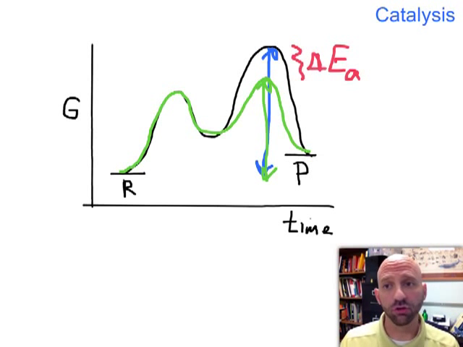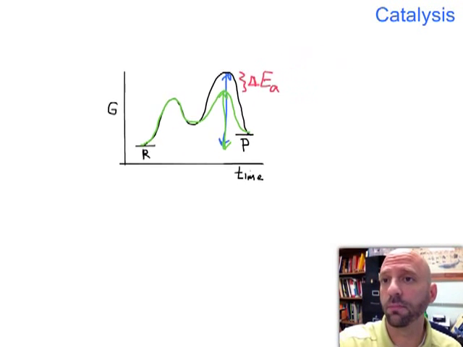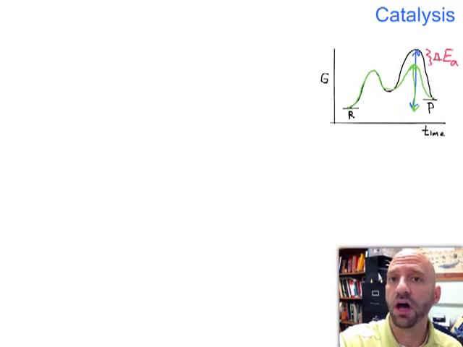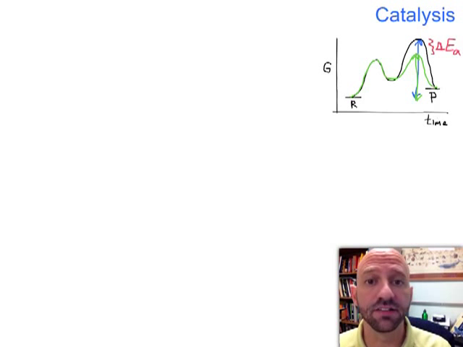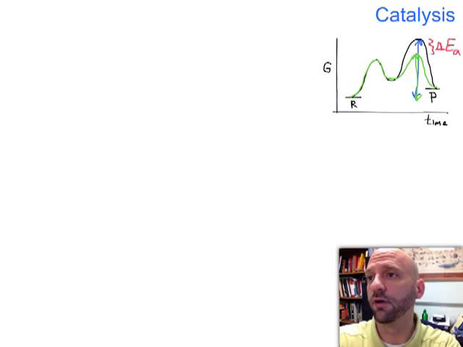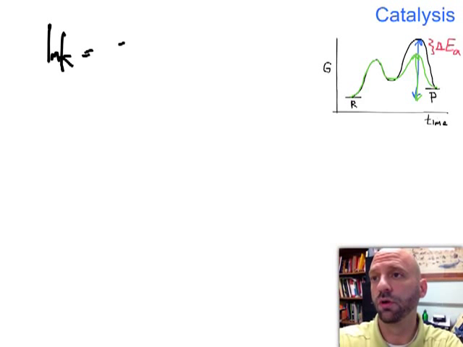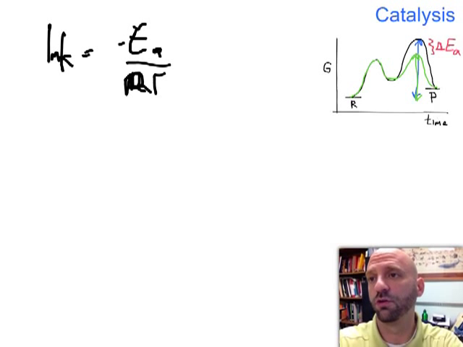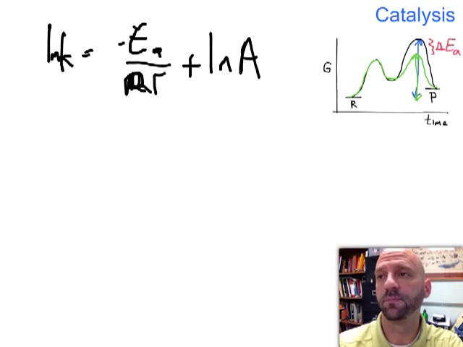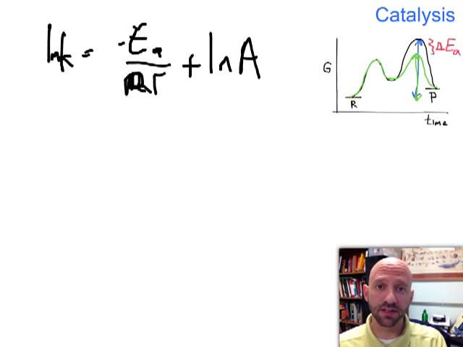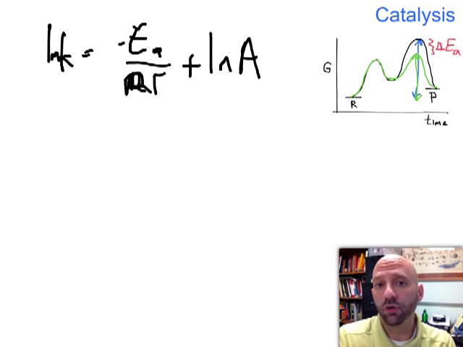Now, let's take a closer look at some of the implications of this mathematically. I'm just going to move this out of our way for now. You remember the equation we had from Arrhenius, the Arrhenius equation, where the natural log of k is equal to negative Ea over RT plus ln A. Now, I could actually apply the Arrhenius equation to my reaction system.